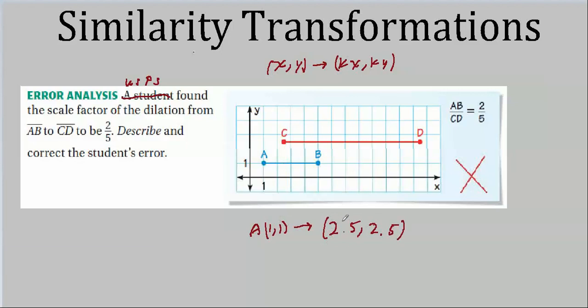So AB to CD, the dilation factor is actually 2.5. It certainly is true that the length of AB over the length of CD is 2/5, but that's not the same as the dilation factor, not when you're dealing with coordinates.